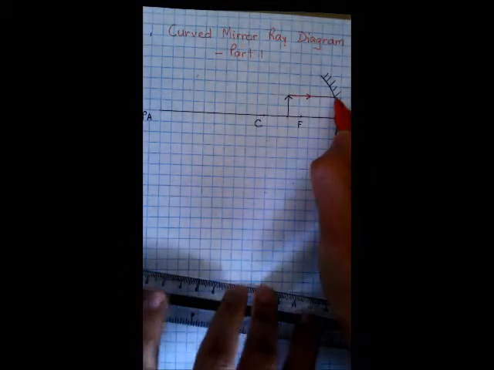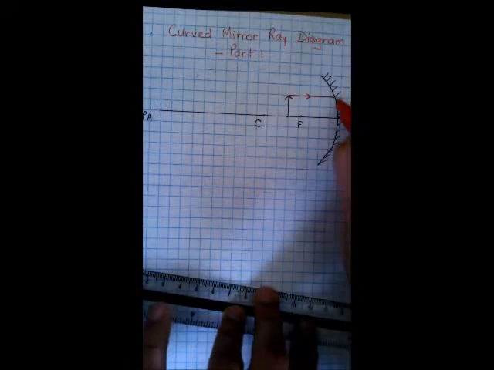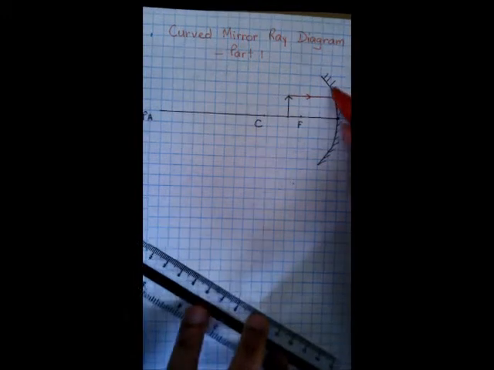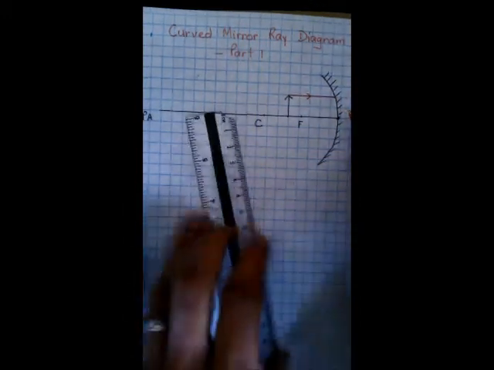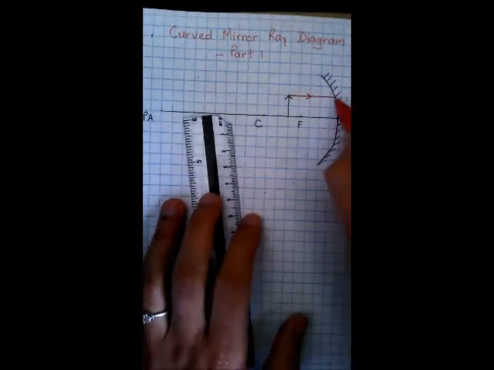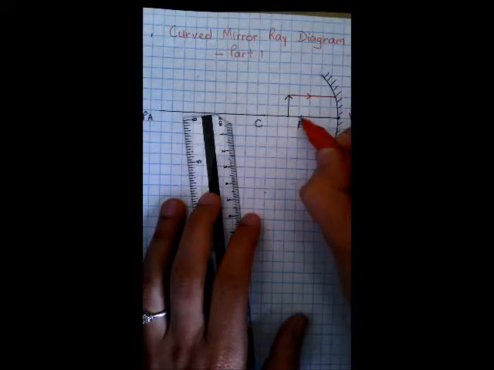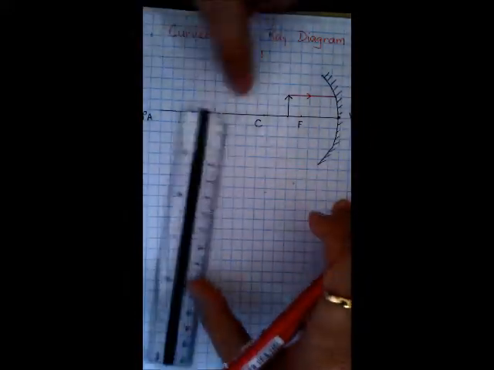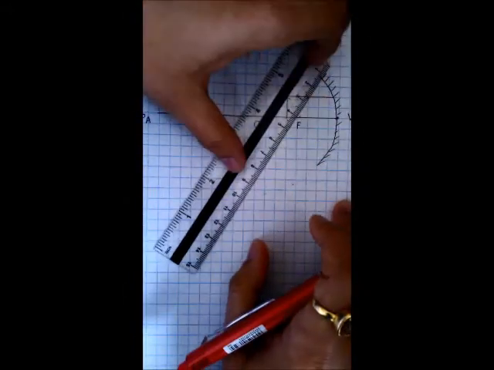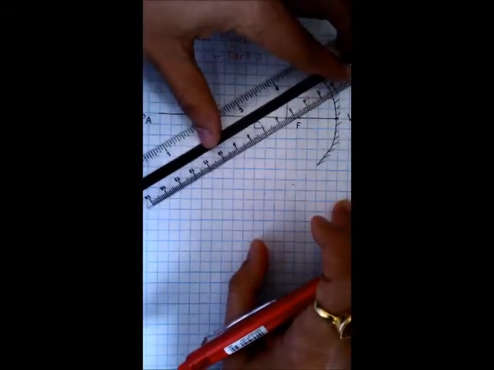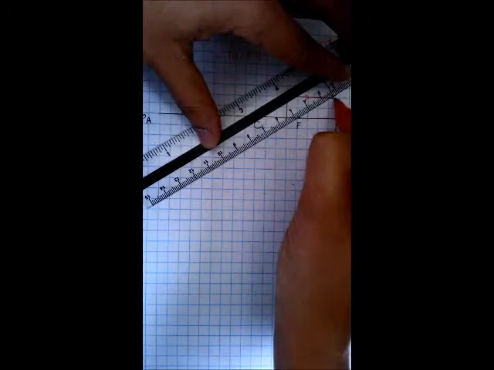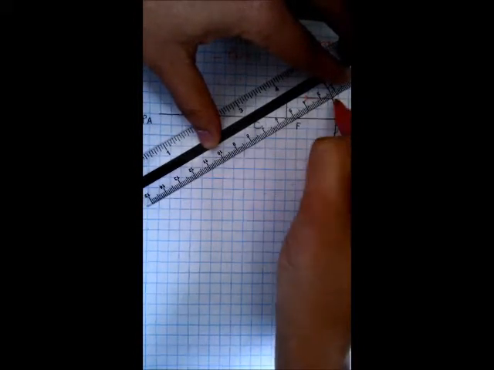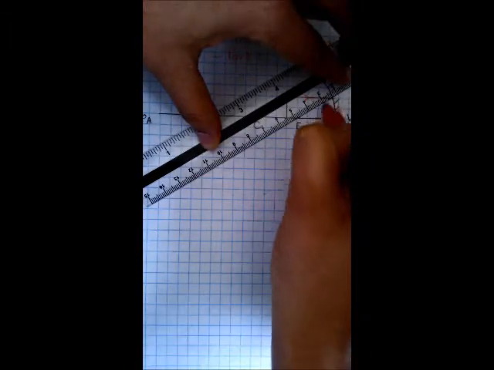At this point, the ray is going to be reflected. It's not going to go through because it's a mirror. It will be reflected. It will reflect so that it passes through the focal point after reflection. So let's draw the reflected ray now. After it hits the mirror here, it reflects in a way that it passes through the focal point.